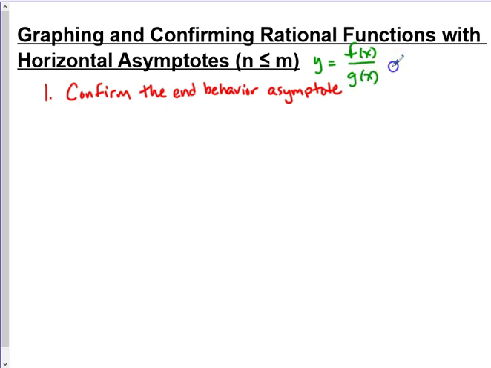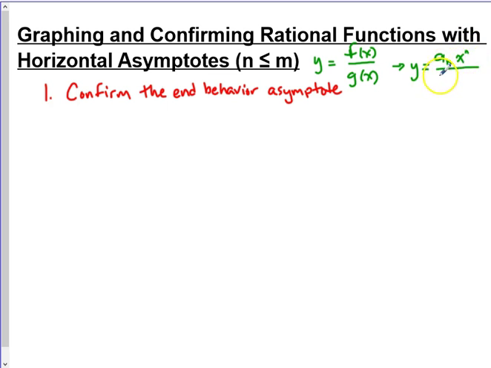But we're also going to state it as y equals some function of this form with a sub n, in other words, the coefficient of the leading term, x to the n power, so the degree of the polynomial in the numerator.